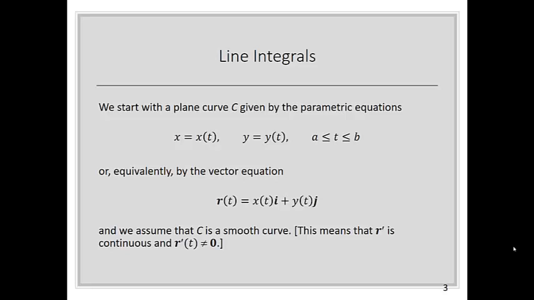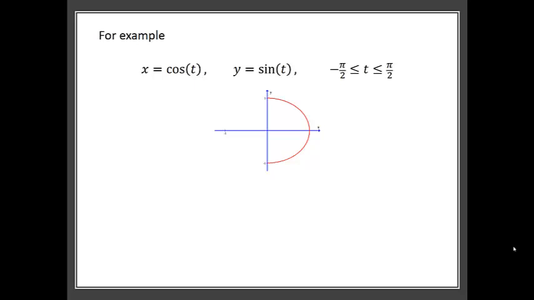Or equivalently, we could also describe our curve with a vector equation r of t. And we assume that this curve C is a smooth curve, which just means that r prime is continuous and not the zero vector.